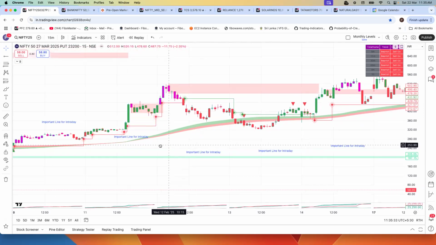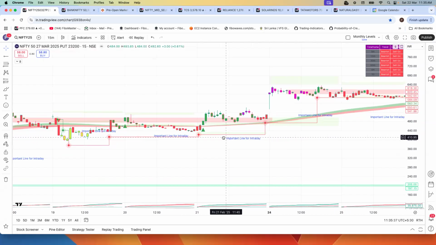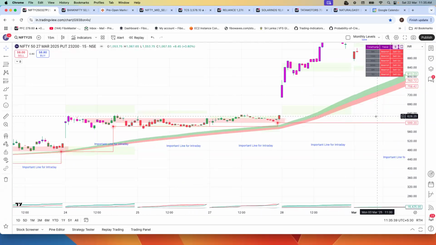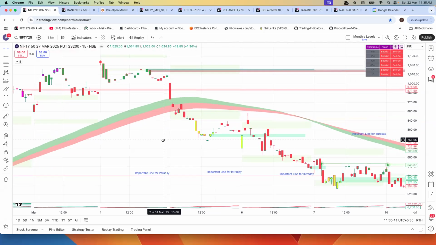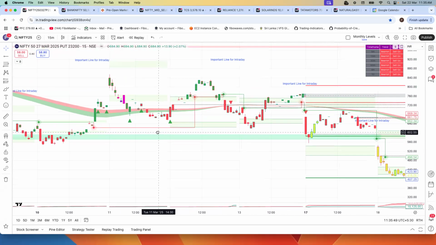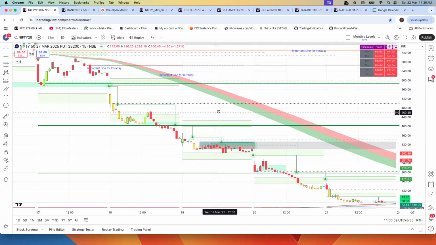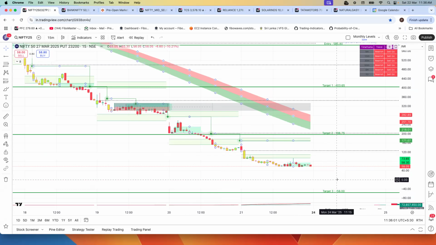So 320 onwards is buying, buying, buying, and then here it started to sell, and then it goes down like this, selling. When March 17th onwards, it's selling only, selling, selling, selling.